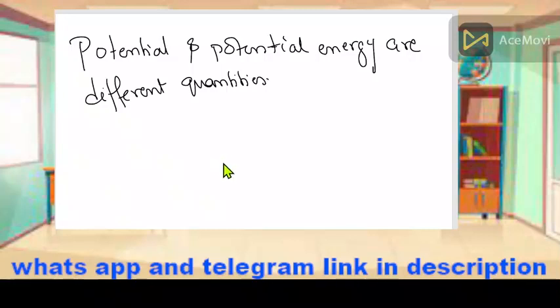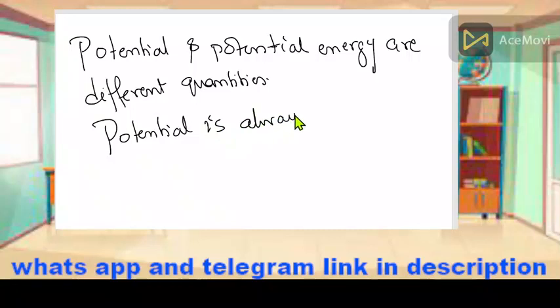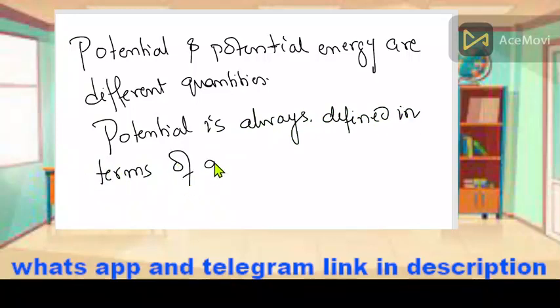Now this reference point, I have told you in several other situations also, that whenever you are defining potential, it is always defined with respect to a reference point. Potential, in any case, even in mechanics, is always defined in terms of a reference point. In general, our reference point is infinity, where the potential is 0.